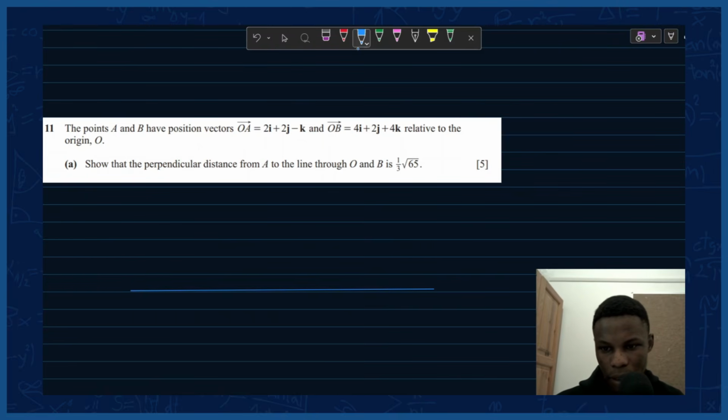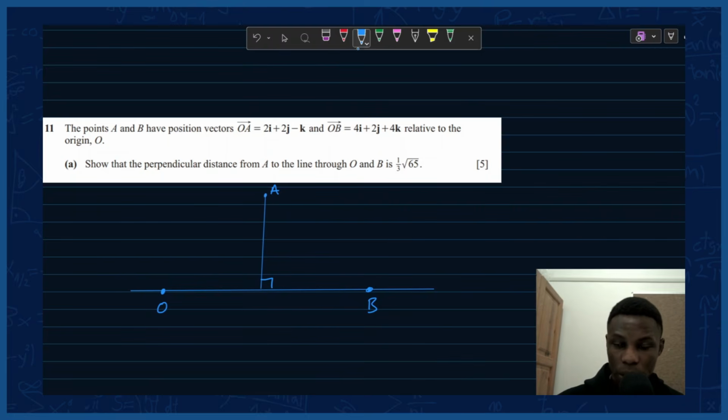So I've got, let's say this is O and this is B, right? This is a line going through O and B. And then I'm going to have a perpendicular distance from A. So I need a point A such that it forms a perpendicular line that goes to OB. So this is perpendicular.